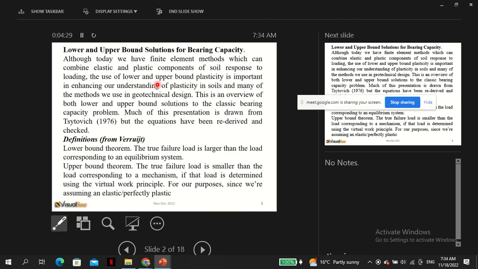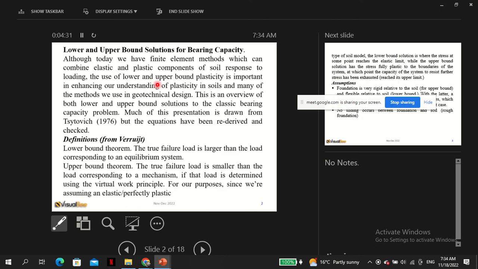So although today we have the finite element method which can combine elastic and plastic components of soil response to loading, the use of lower and upper bound plasticity is important in enhancing our understanding of plasticity in soil. Many of the methods we use in geotechnical design.